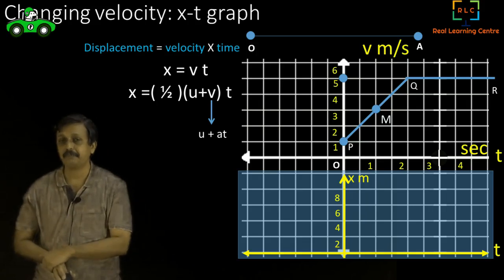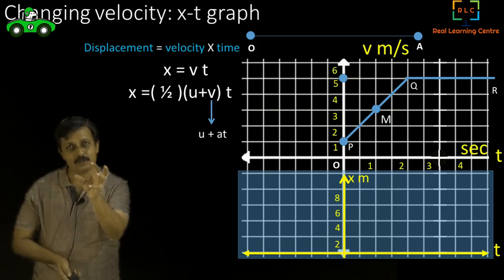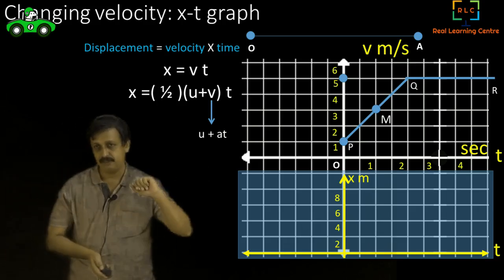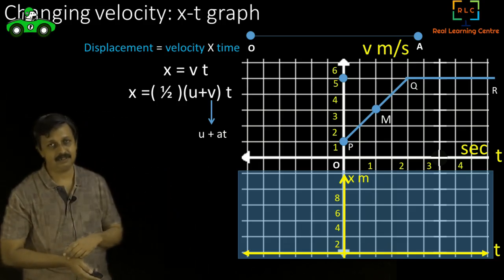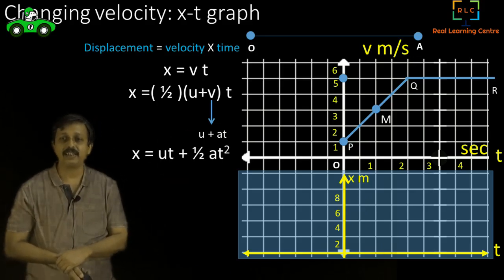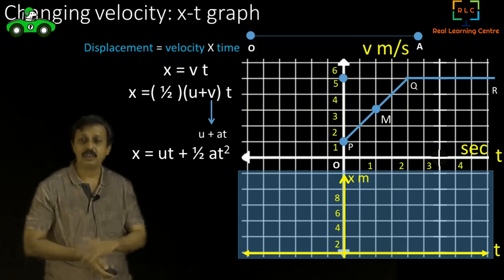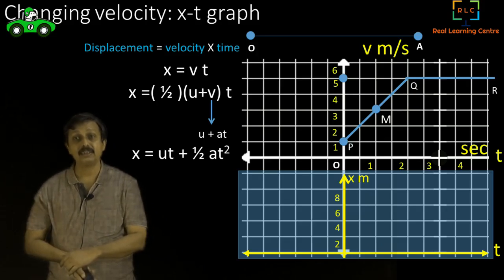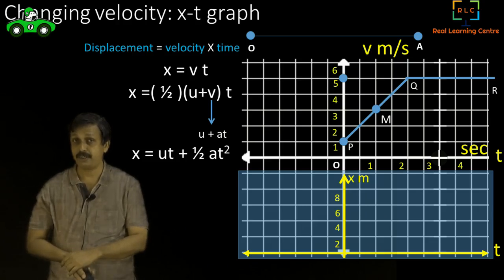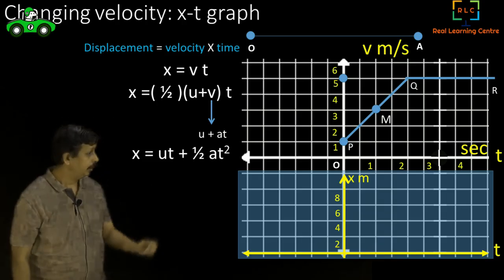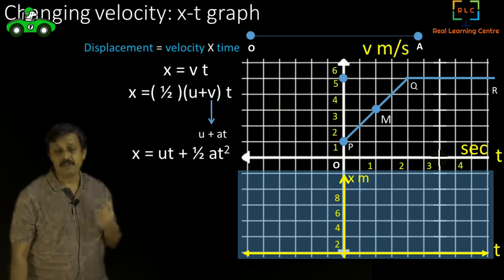Here is a little bit of algebra you can work out: 2u plus at, then apply the distributive law and multiply. What you will finally get is x is equal to ut plus half at square. So this is the formula for x at any point in time given t, u and a.